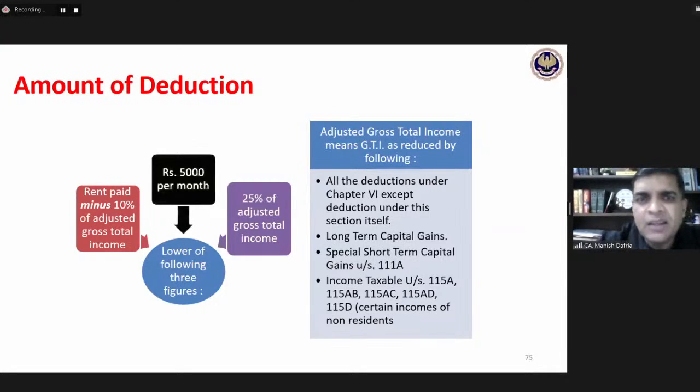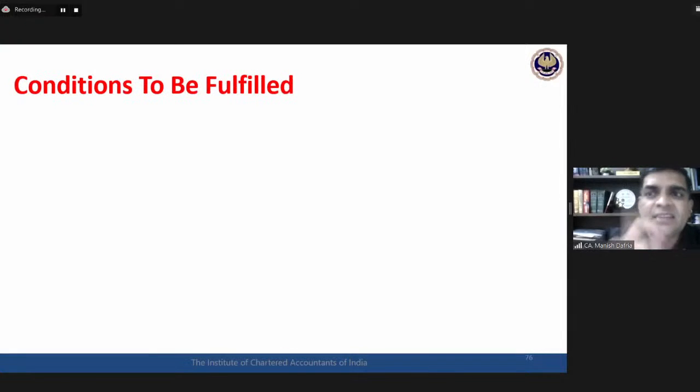Deduction is available in respect of rent paid by the assessee for his self-residential house. Now, there are certain further conditions: who is entitled, what is entitled, and how much is entitled. Who, what, and how much, WWH.